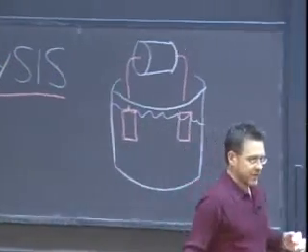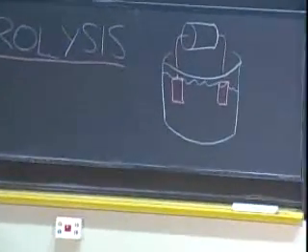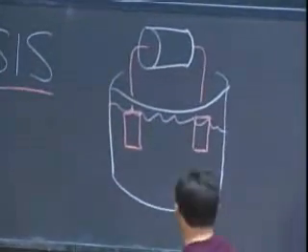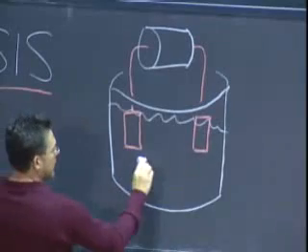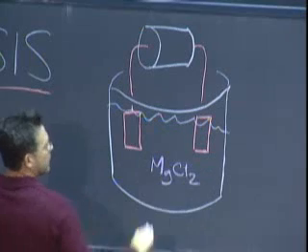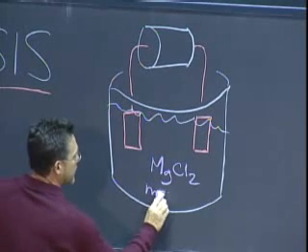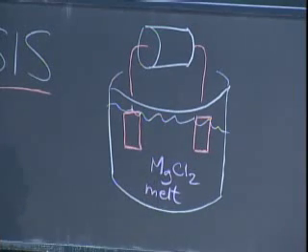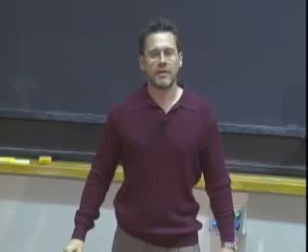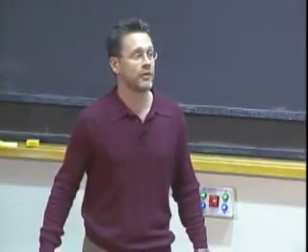Here what I'm representing is a container that would be used to house molten magnesium chloride. So if you take magnesium chloride, which is a typical salt, and get it hot enough, then it will become liquid. And when it becomes liquid in the melt, what you can do is carry out a non-spontaneous reaction by applying an external voltage.